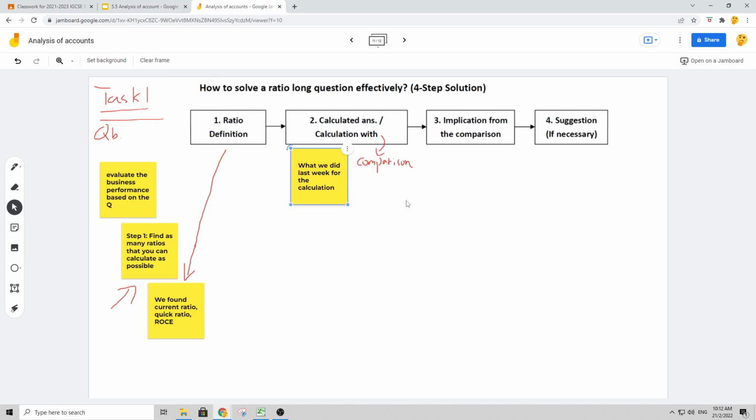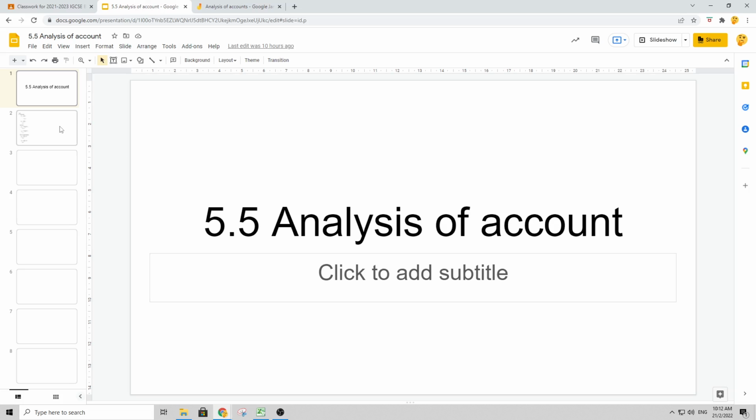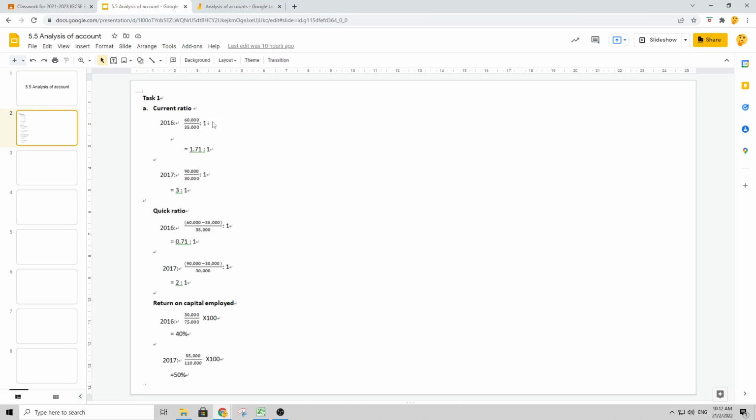If you still remember, you did task 1. For task 1, you tried to calculate the current ratio, quick ratio, and also ROCE between 2016 and 2017. For each ratio, you will have 2 pairs of answers, and that's what we're going to do for the second step.